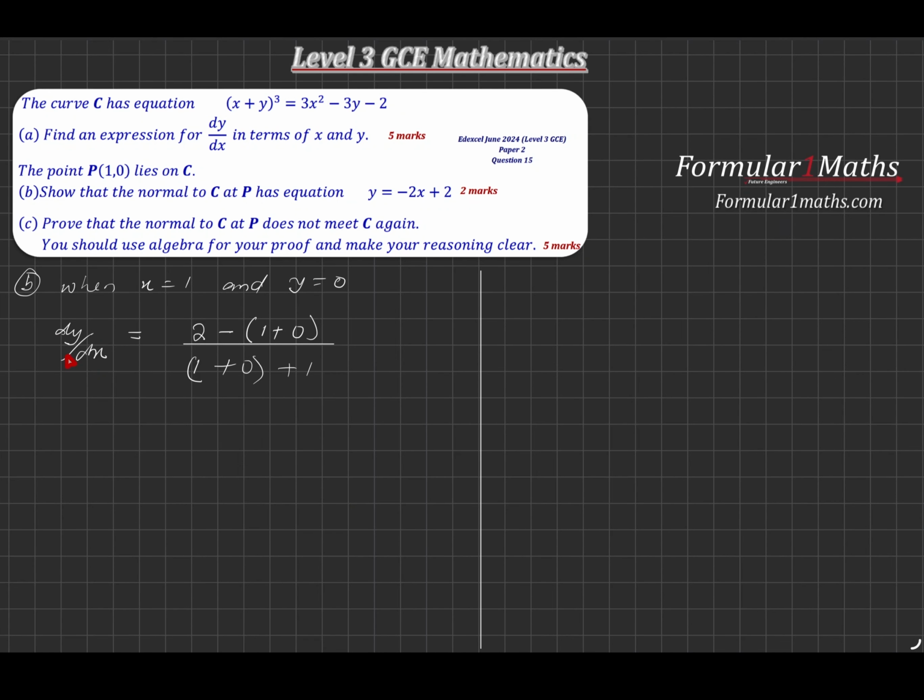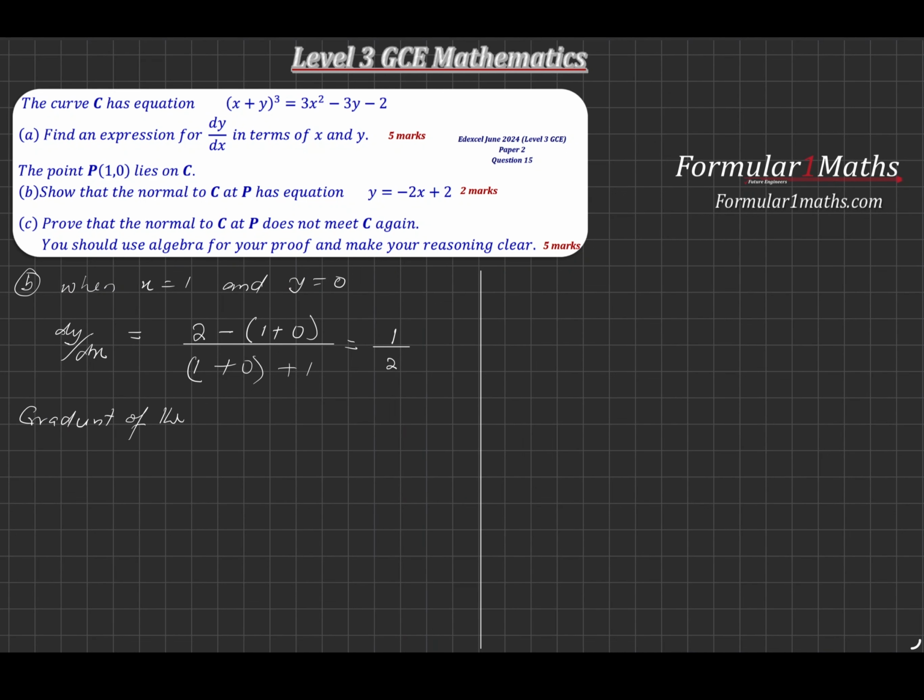This is using the derivative that we got from A, so we're just substituting the values of the coordinates. If I evaluate this, I get 2 − 1, which is 1, over 1 + 1, which is 2.